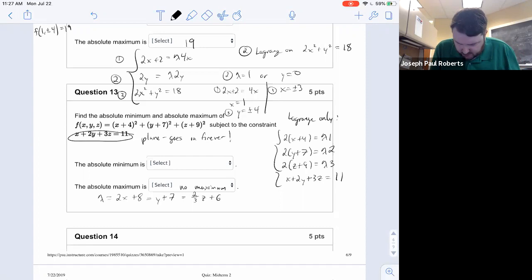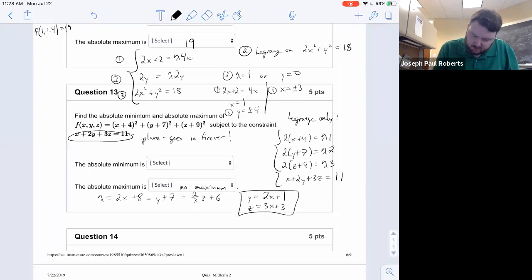If you do the distribution, you could figure out that y is 2x plus 1, that z is 3x plus 3. And if you shove those into the constraint equation, you get that x plus 2y plus 3z equals 11.